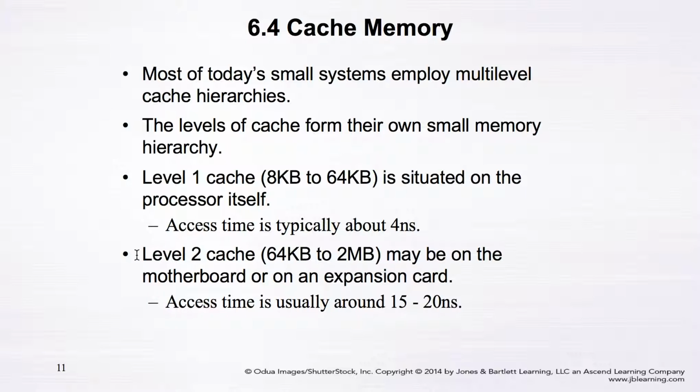The level 2 cache has a larger storage, 64 kilobytes to 2 megabytes. Basically this one is usually on the motherboard or on an expansion card. The access time of the level 2 cache is around 15 to 20 nanoseconds, which is much larger compared with the level 1 cache.